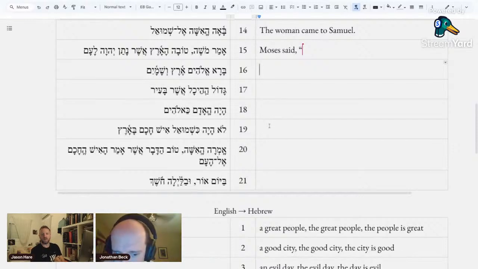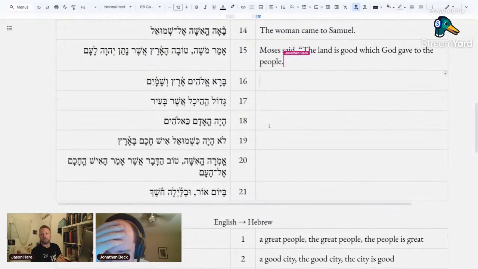No, it's normal. The land is good, which natan Adonai la'am, which God gave to the people. It sounds weird in English, but that's what it is in the Hebrew. The word order in English would have to be switched. The land which God gave to his people is good.